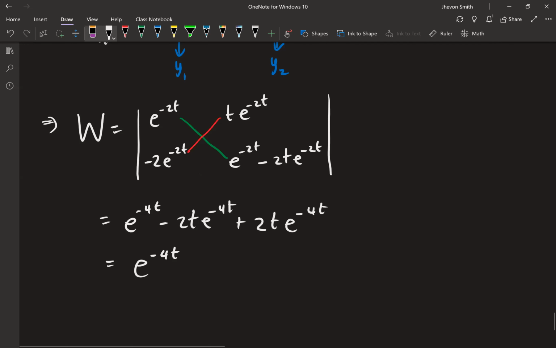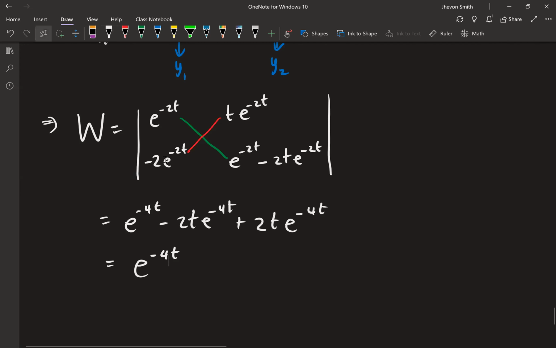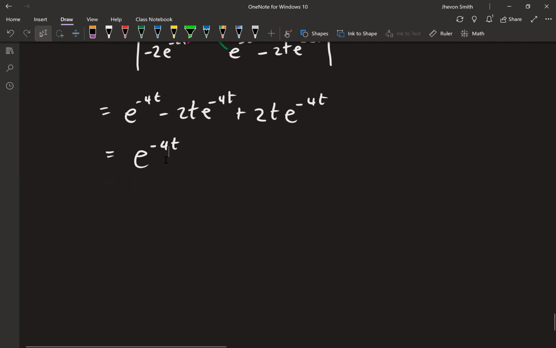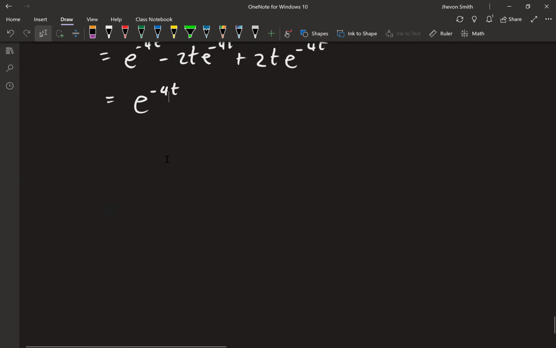Okay, then what? Formula. So at this point, you won't remember the formula. So I'll remind you here, our yp is going to be equal to minus y1 times the integral of y2 times g over w plus y2 times the integral of y1 times g over w.